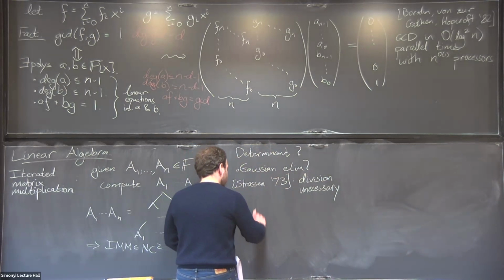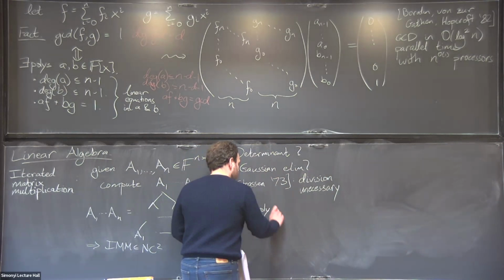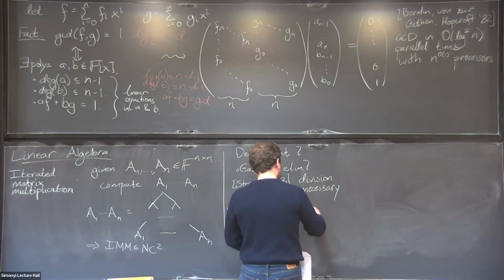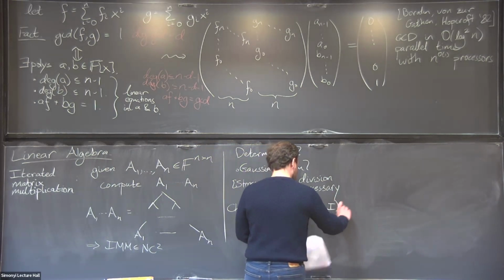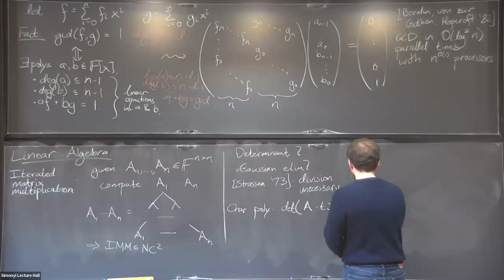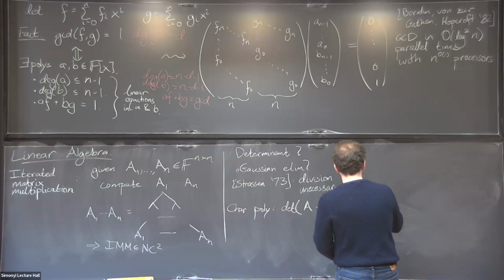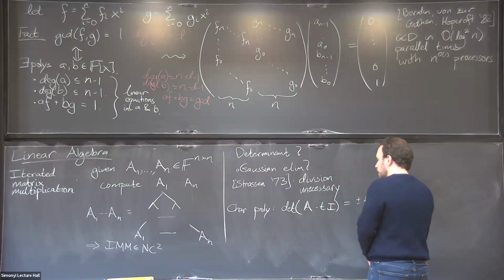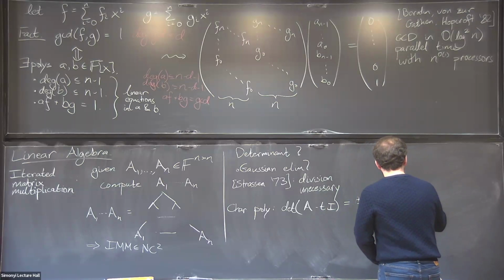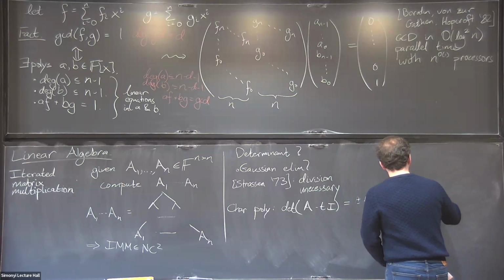I want to remind you of the notion of the characteristic polynomial. This is some polynomial in a variable t. The leading term is plus or minus t to the n, depending on the parity of n, and the constant term is the determinant.